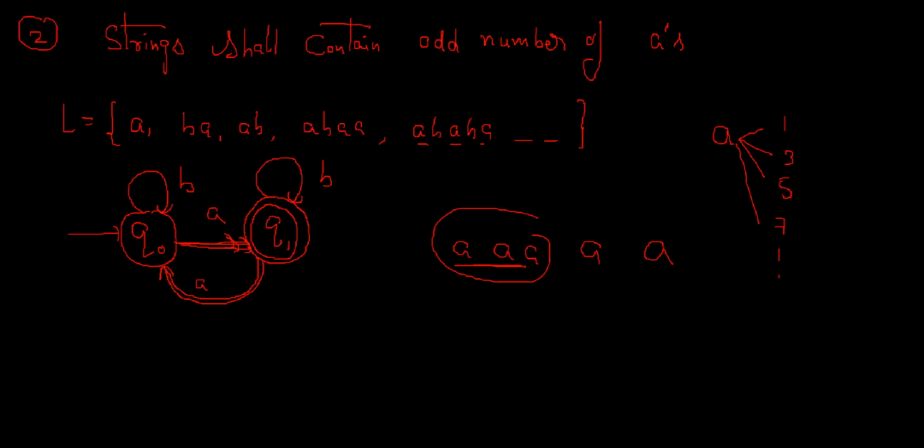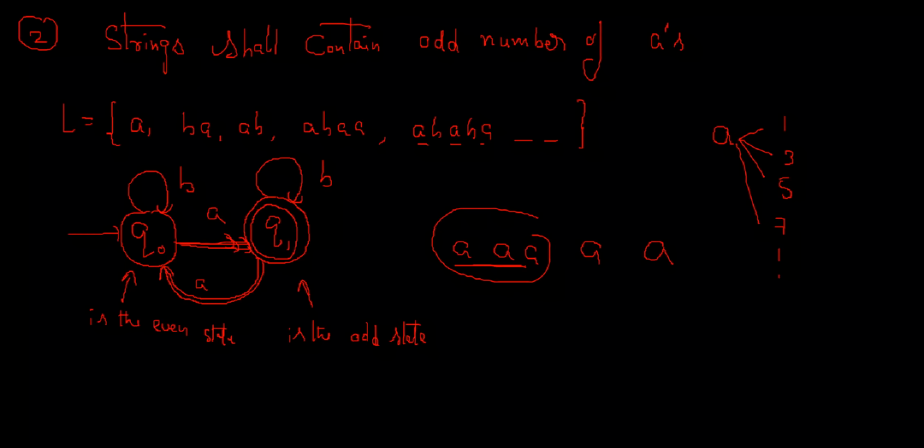Here, if you see like this, Q0 is the even state. If you see Q1 is the odd state. So now this is the way of designing the DFA for the strings which contain only odd number of A's.